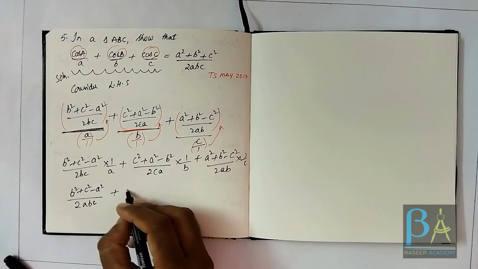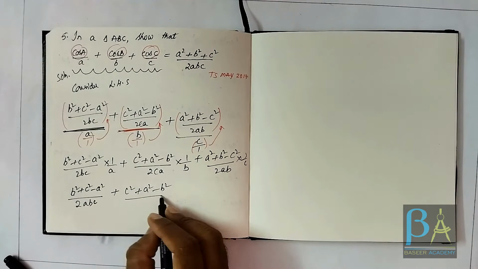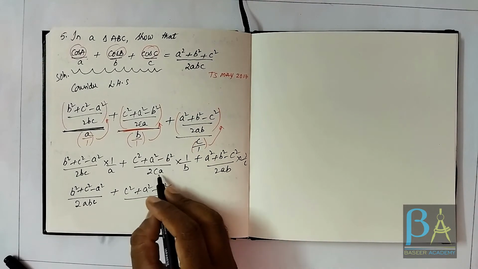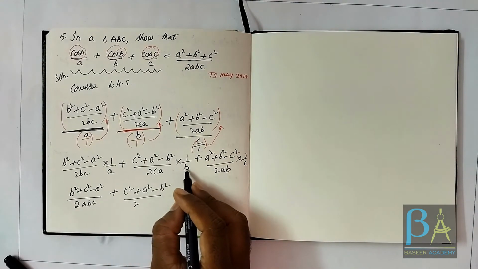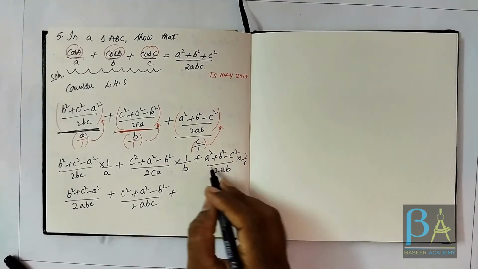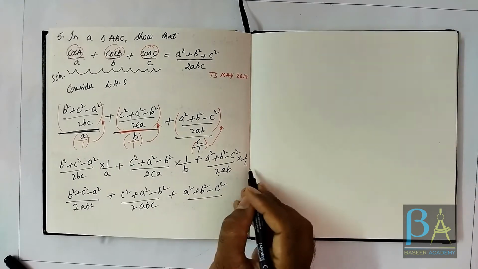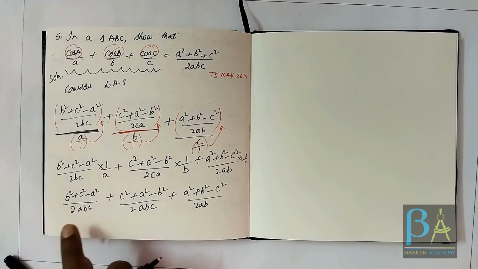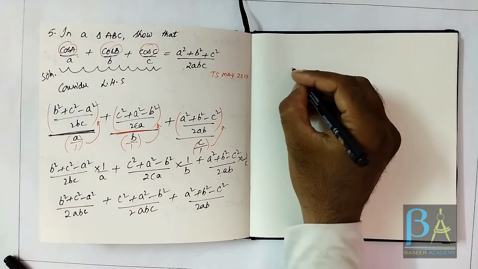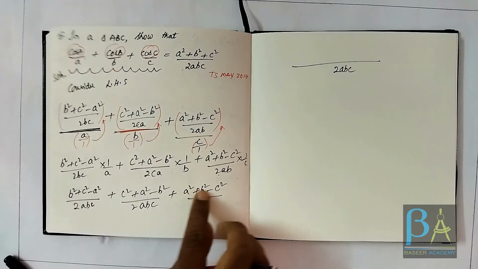Here, c square plus a square minus b square into 1 is this thing itself, by 2ca into b, you can write it as 2cab, or else rearrange it, 2abc. Here also the same thing, a square plus b square minus c square by 2abc. Now you would see that all the three have the same denominator, so obviously you are going to get the same LCM 2abc.